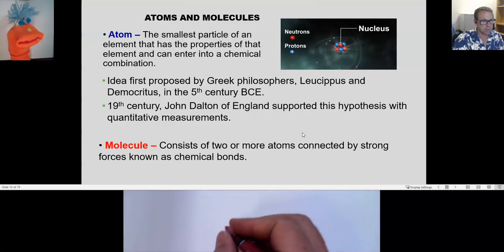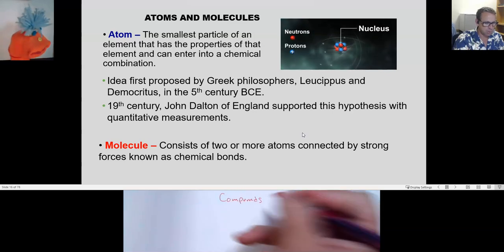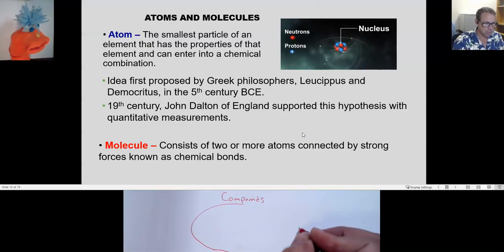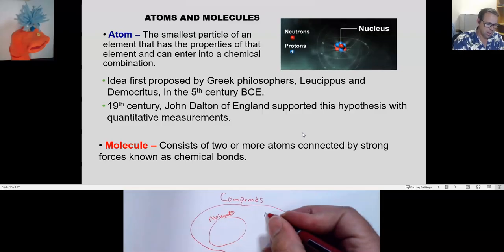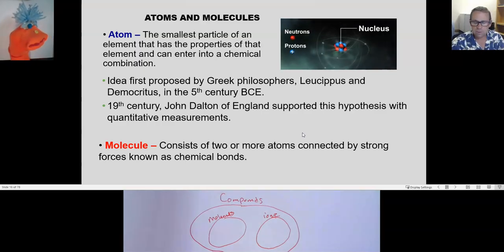Here's a diagram that identifies all of the compounds that we have in our understanding, right? And within all the different compounds that exist, there are molecules, and then there are ionic compounds. So it's nice for us to classify all compounds as either molecular or ionic.